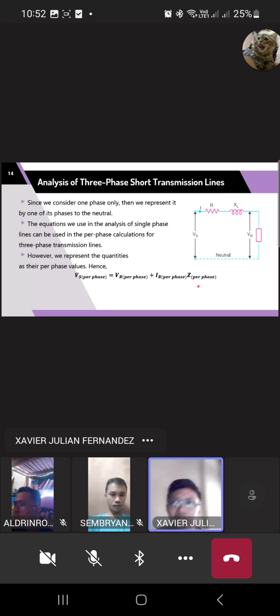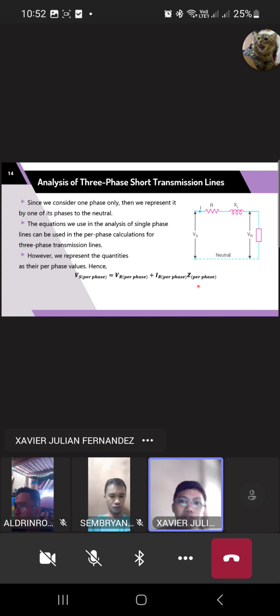If you are given an 11 kilovolt three-phase transmission line, it is difficult to say that the 11 kilovolts is per phase. It's not. That is actually the three-phase transmission line voltage rating. So for that 11 kilovolts, you divide by square root of 3. Sir, what is the representation of the three-phase, Y or delta?